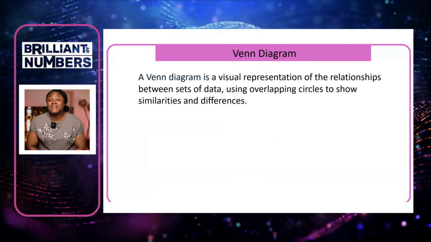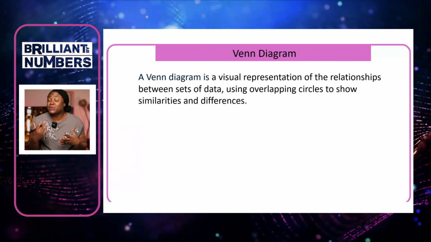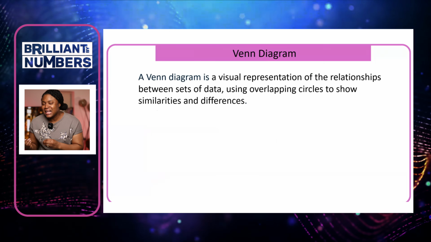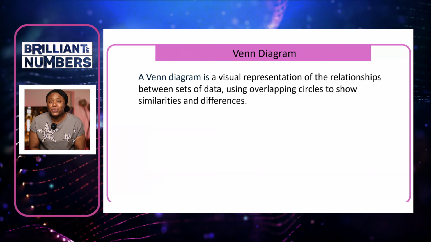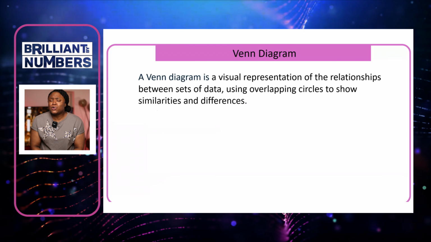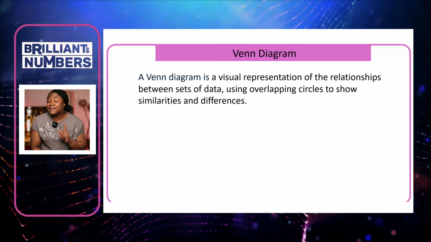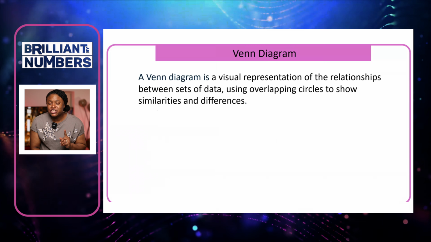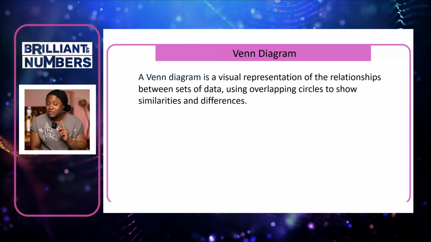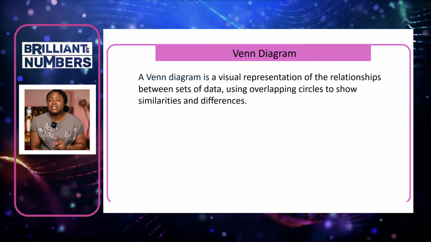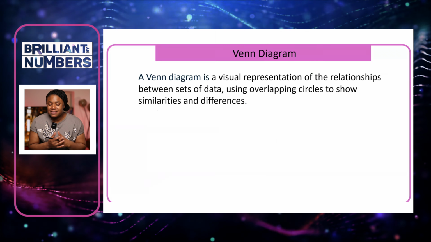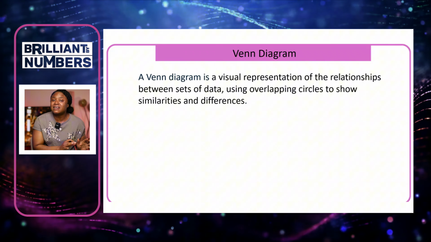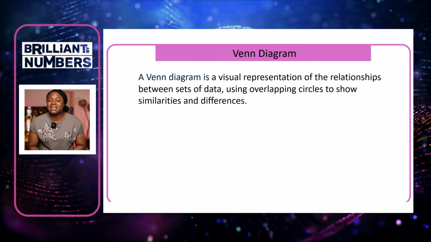Now, what is a Venn diagram? Because we're doing our introduction to sets and Venn diagrams. When we talk about a Venn diagram, we're talking about a diagram that is a visual representation of the relationships between sets of data. It uses overlapping circles to show similarities or differences in these sets.